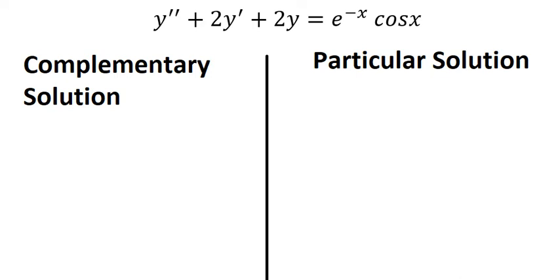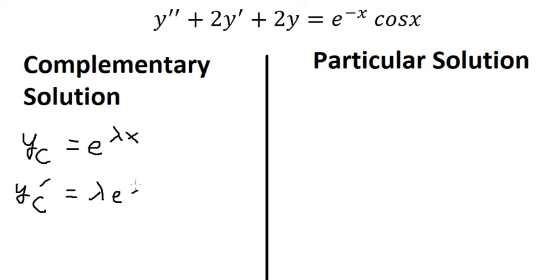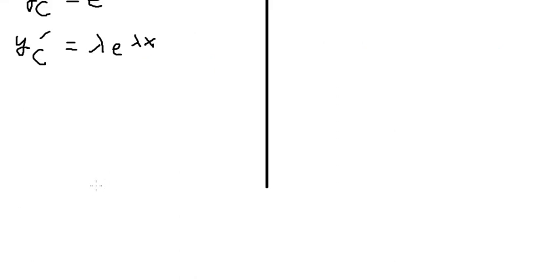So I will put yc equals e to the power of lambda s. If I do the first derivative, you get lambda e to the power of lambda s, because the first derivative of lambda s gives lambda.